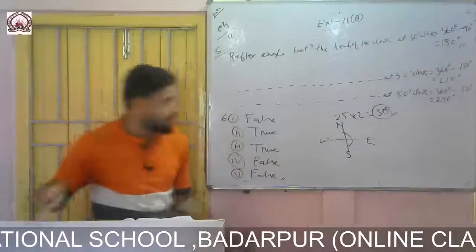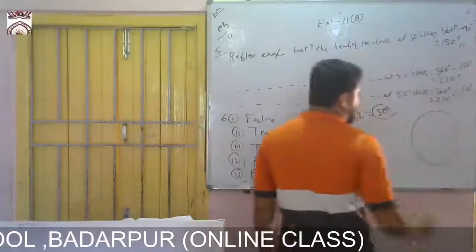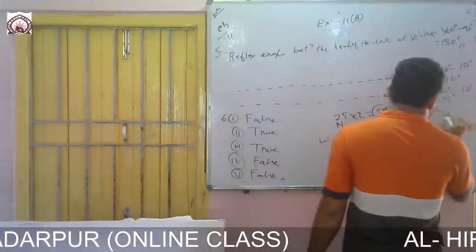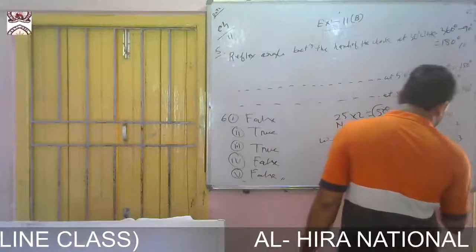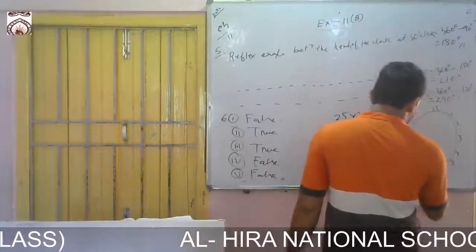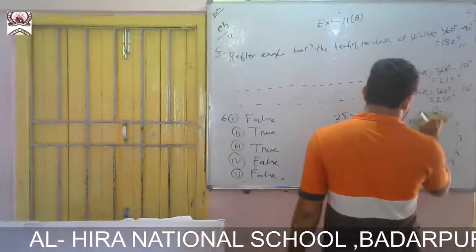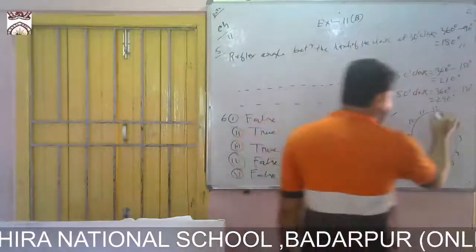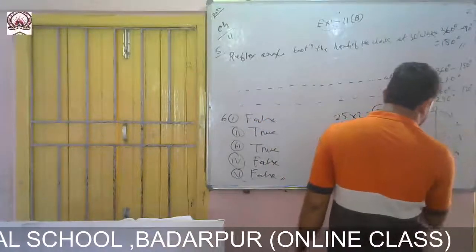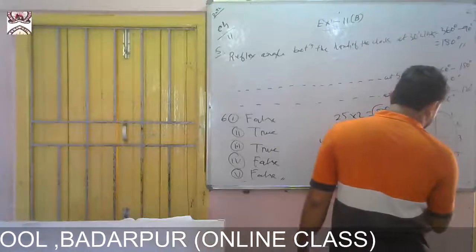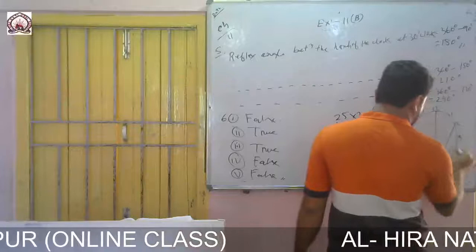If I draw a clock, I can make many straight lines like this, with that one also, with that one also.